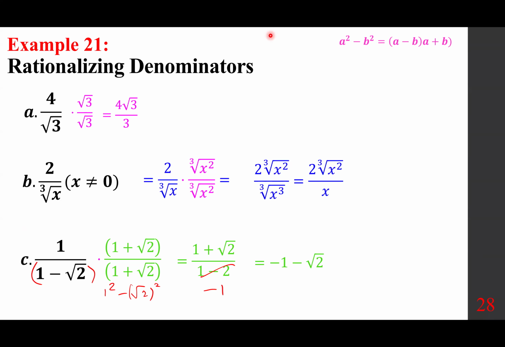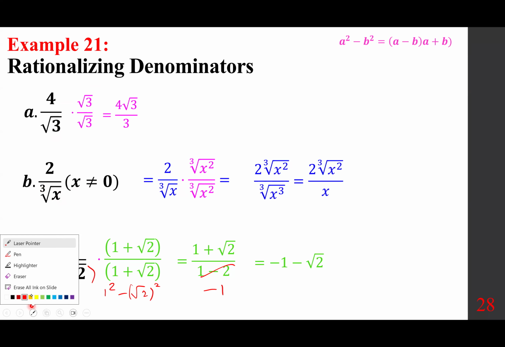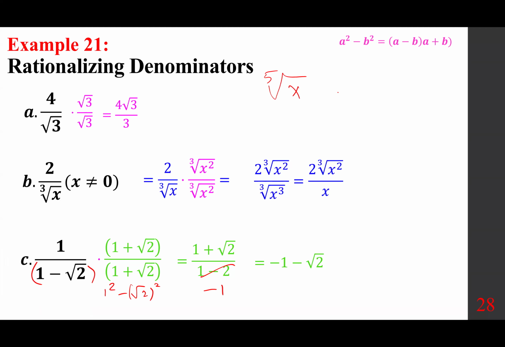So in order to rationalize denominators, okay, or simplify, you can't have a radical format in the denominator. In this case, you multiply by itself, and of course, this fraction must be 1, so multiply by square root of 3 over 3. But this one, because the index is 3, and it comes out if the exponent is 3, and this one has exponent 1, you need x squared. So for example, just to make sure we understand, if the denominator somewhere is, let's say, the fifth root of x, then what do you need?